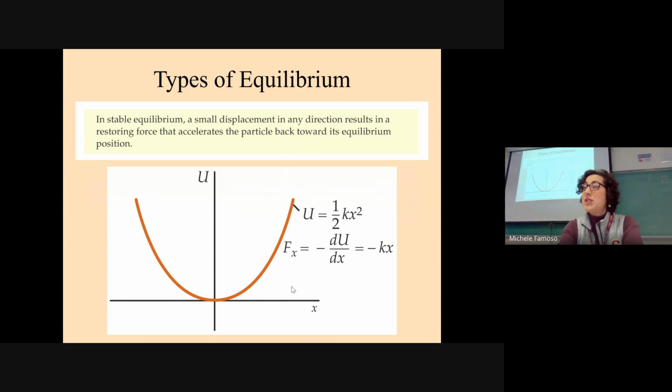It means if you push something a little bit away from its equilibrium position, it goes right back to its normal position. So take a spring, stretch it just a little bit, let it go. It goes right back to its normal length. That would be a stable type of equilibrium. Okay? If you're in a stable equilibrium, you get a graph of potential energy versus position which is concave up, like what you see there.